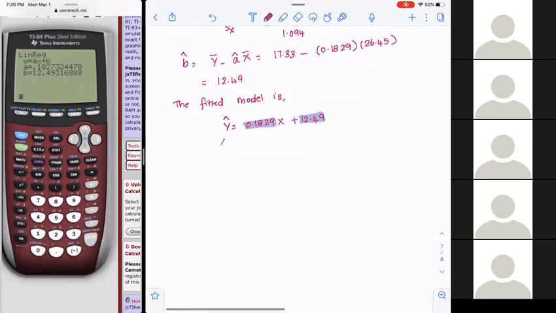So that is the head circumference, and that is the height. I believe both of them are in centimeters.